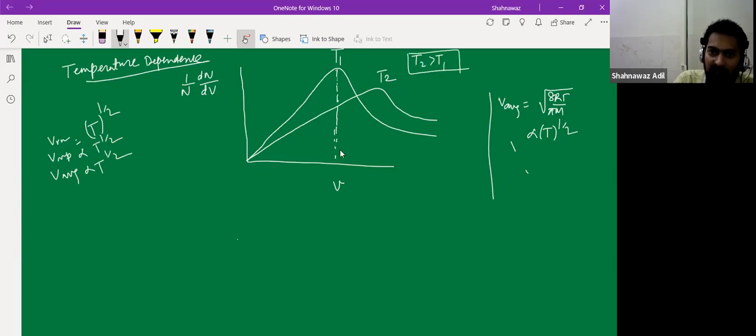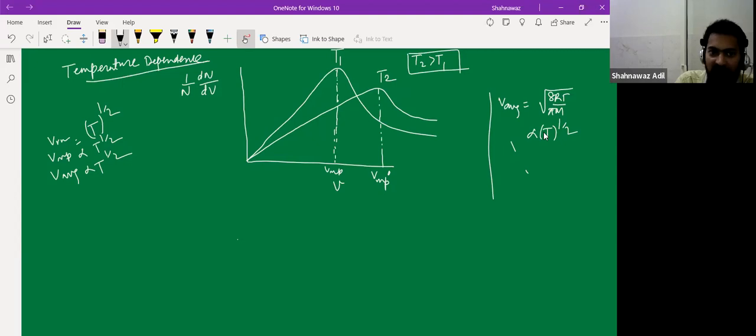And for T1, which velocity is this? Can you guys tell me? VMP. Yes. And when you increase the temperature, the VMP shifts to this one. So your VMP is increased.